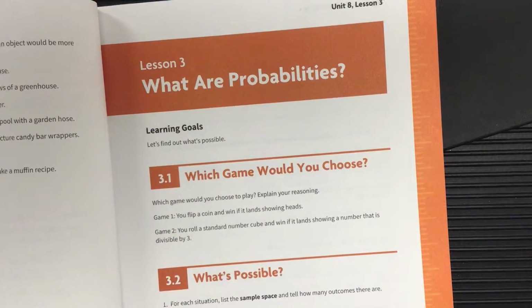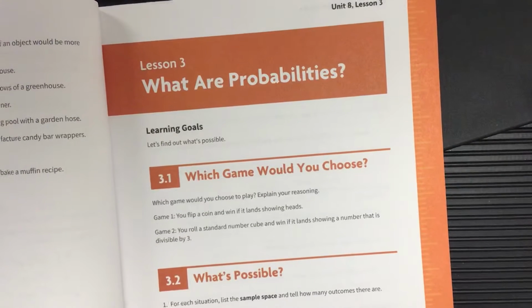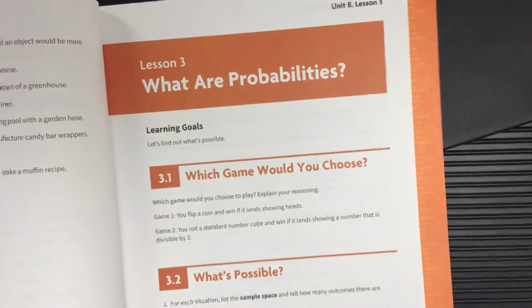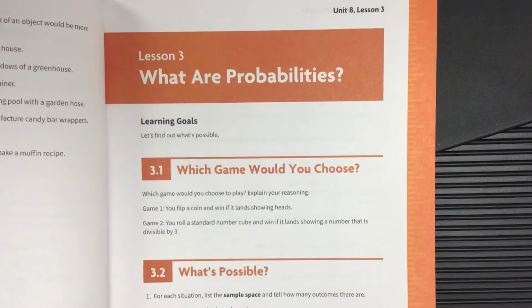Corbin, would you read the first question? Which game would you choose to play? Explain it using game 1. You flip a coin and win if it lands showing heads. Game 2, you roll a standard number cube, and you win if it lands showing a number that is divisible by 3. All right, I'll give you 1 minute to answer that one, then be ready to explain to the class which one you chose and why. 2 options there.